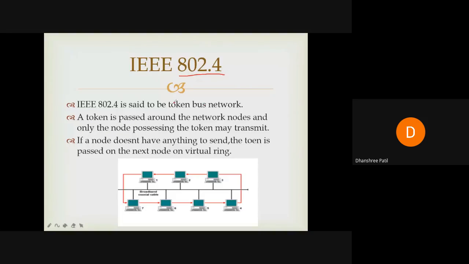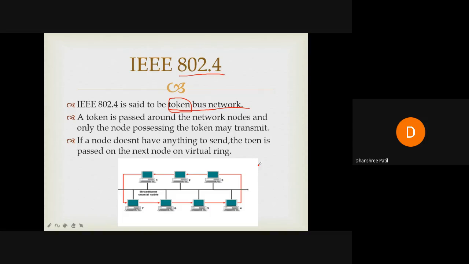So 802.4 is a standard designed for a token bus network. What is meant by the token? It is a type of information which is there along with every node.